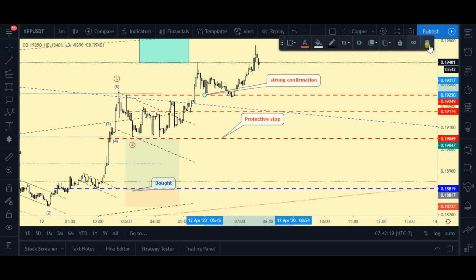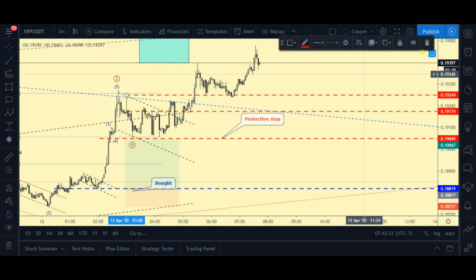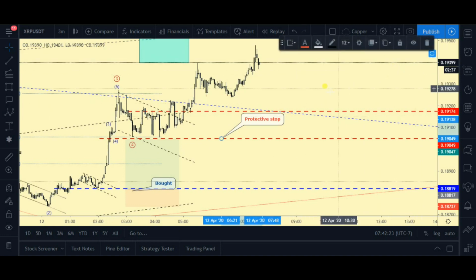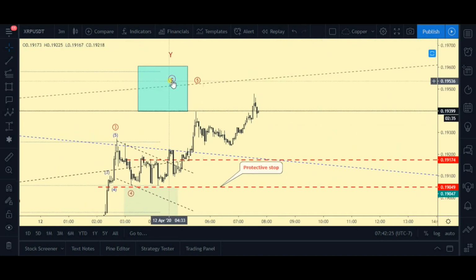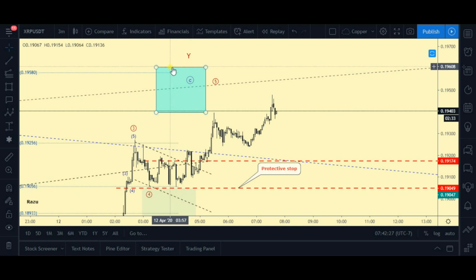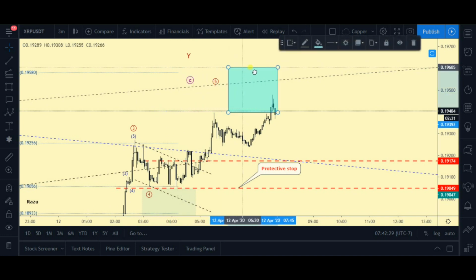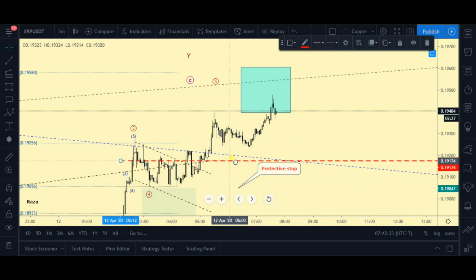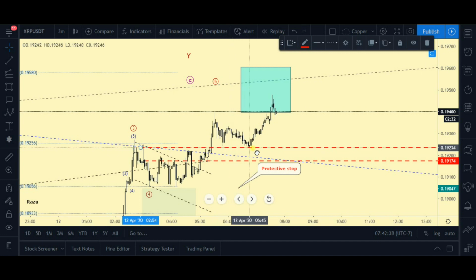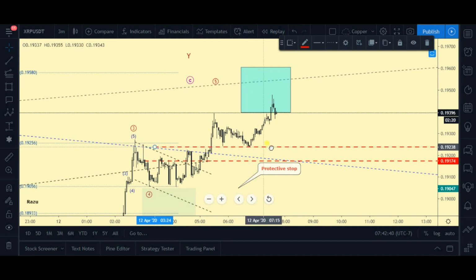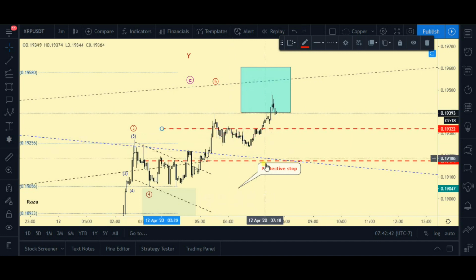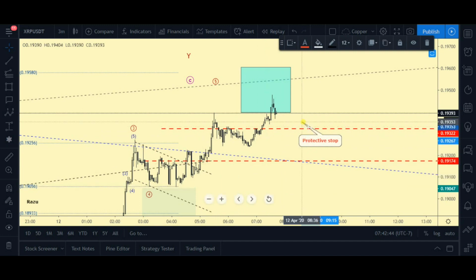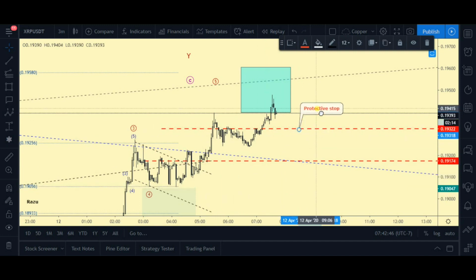So this shows that the trend is still intact, and now we are expecting it to hit this target around here. So I can move my protective stop much higher, and what I can do now is make my protective stop a little bit tighter around here. So this will be my protective stop.